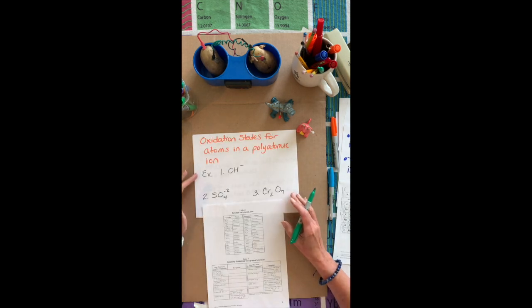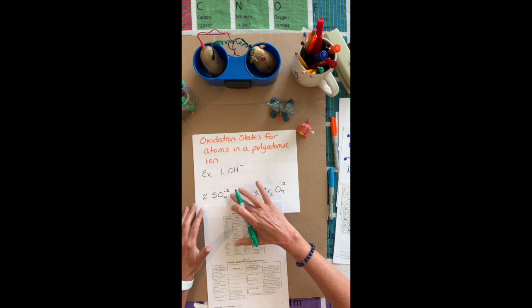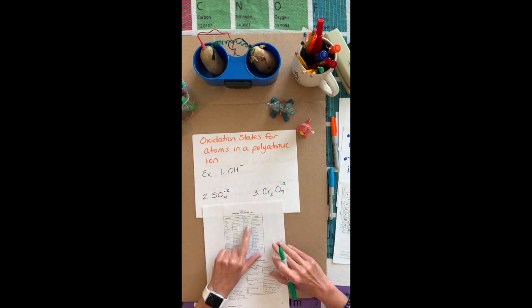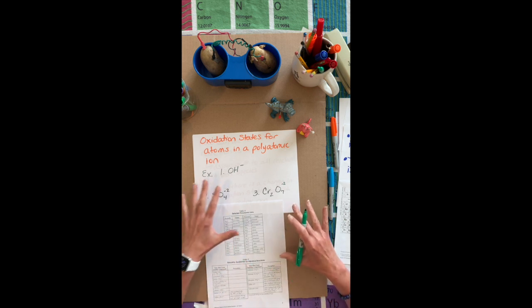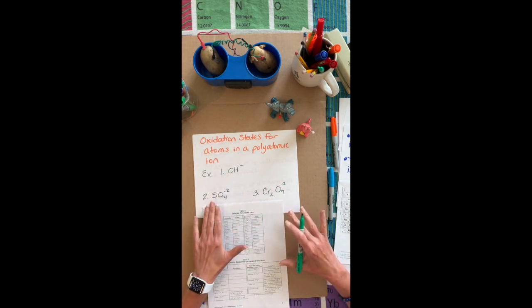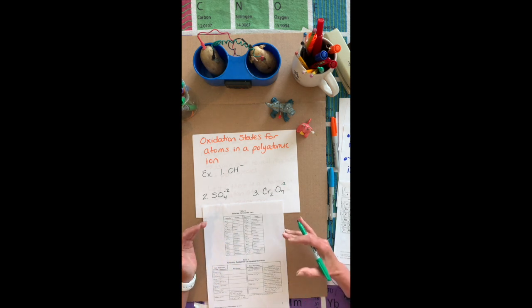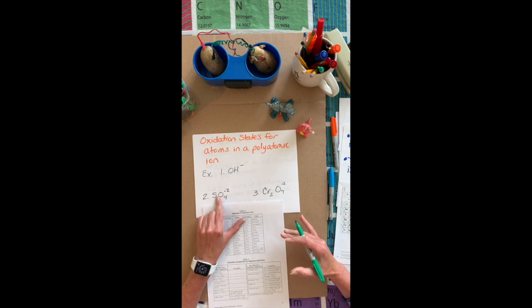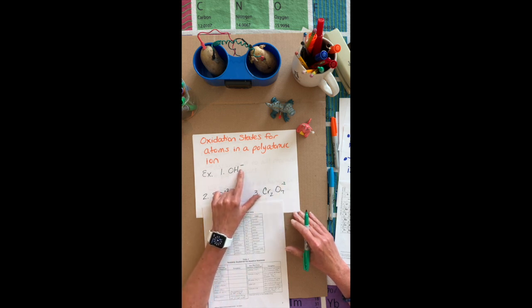What about oxidation states for atoms in a polyatomic ion? As I mentioned before, the polyatomic ions have a net charge that you can find on table E. So we don't want these oxidation states to add up to 0. We want our oxidation states to make the overall cluster of atoms have a -2 charge, or a -1 charge.